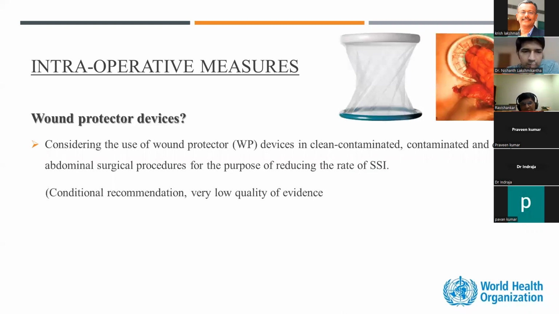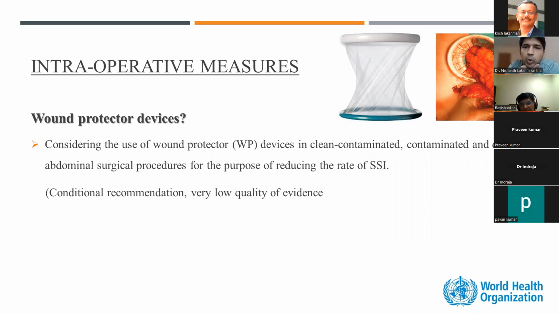Okay, go on. And we can consider the usage of wound protector devices in clean-contaminated and dirty abdominal surgical procedures for the purpose of reducing surgical site infections. And this is a wound protector device. Correct. And the second thing is, it also doubles up as a wound retractor.